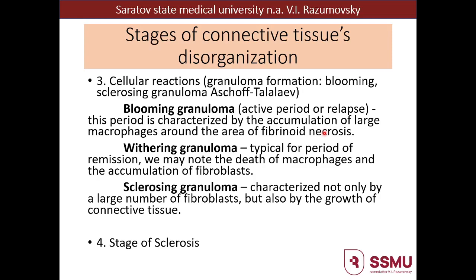And in this period, we may see accumulation of a lot of macrophages around the area of fibrinoid necrosis. So it will look like a flower, and we may see a semi-transparent center of fibrinoid necrosis without any structures, and around it we may see a lot of macrophages, and macrophages have special morphological manifestation.